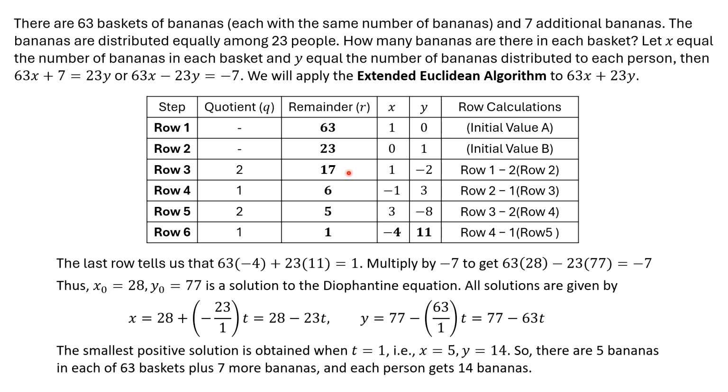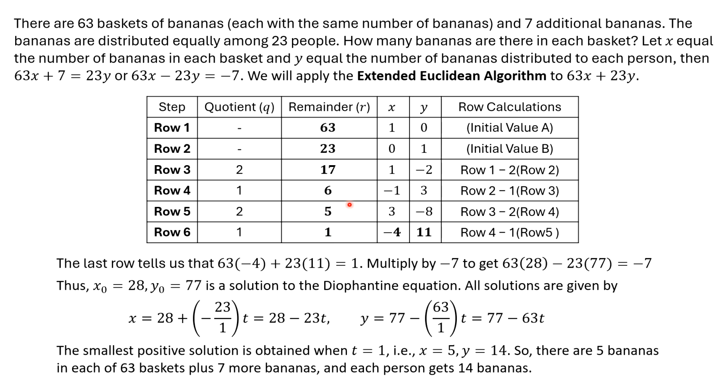We want to see how many times we could subtract 17 from 23 without going over, and it's just once. So we'll take row 3 from row 2 to get row 4. So we get 6. 1 from 0 is minus 1. Minus minus 2 plus 1 is 3. Then to get row 5, we take twice this from 17, and twice this from here, and twice this from here. We get 5, 3, and minus 8.